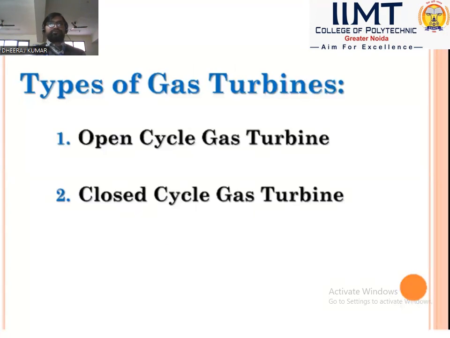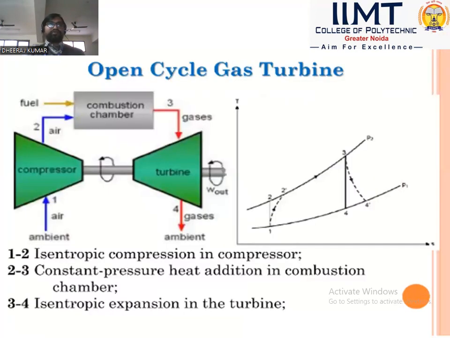There are two types of gas turbine: open cycle gas turbine and closed cycle gas turbine. An open cycle gas turbine, as shown in the figure, consists of three major components: first the compressor, second the combustion chamber, and the turbine.